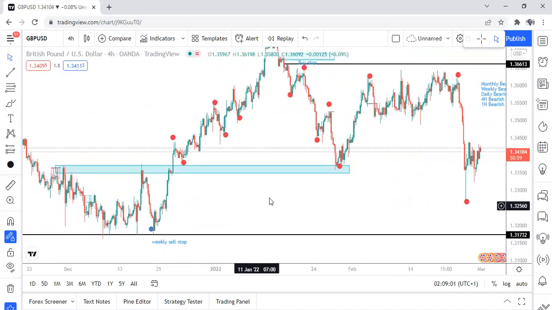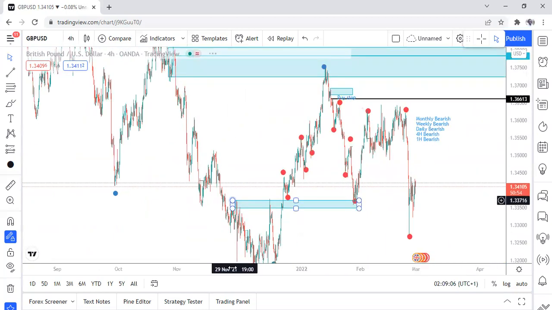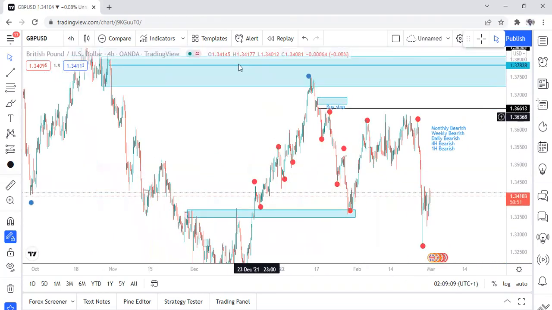Looking at this chart, the shaded rectangle is my point of interest. This is where I only look to take trades, more like I'm trading the zone.